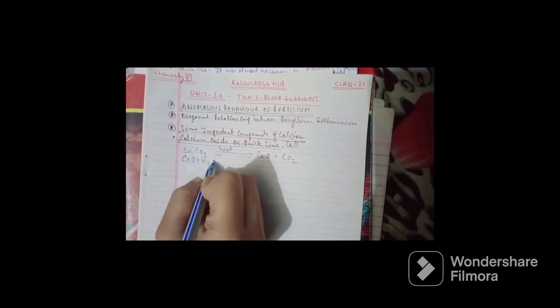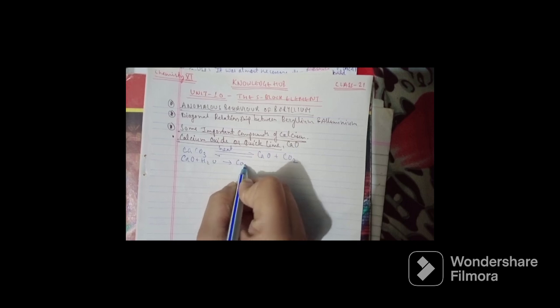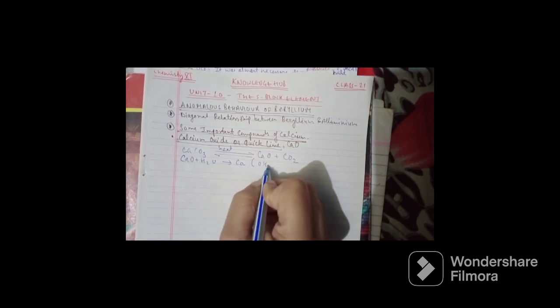It has a melting point of 2870 Kelvin. On exposure to the atmosphere, it absorbs moisture and carbon dioxide. So CaO plus H2O gives Ca(OH)2.